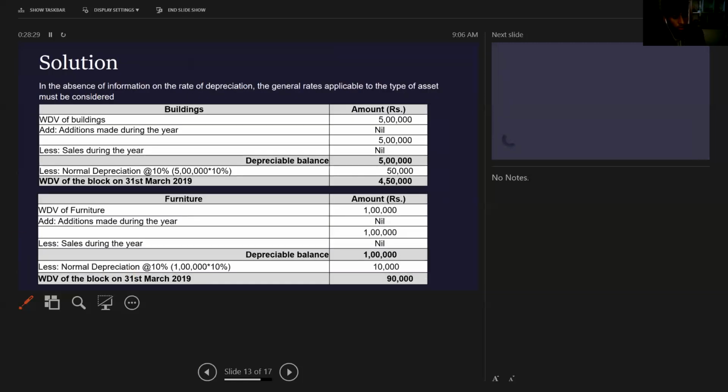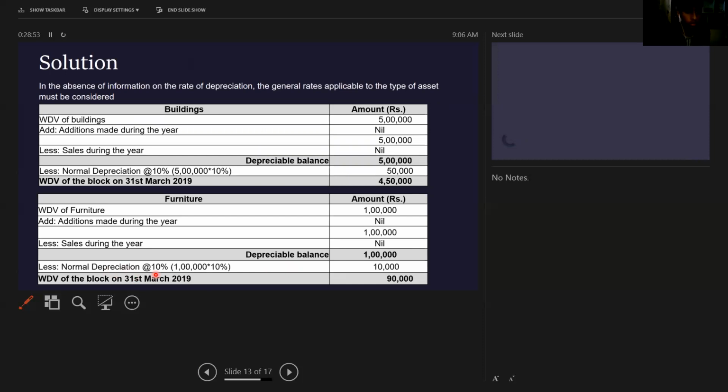Next, furniture. For furniture, the written down value is 1 lakh. Same as for the building, we don't have any additions during the year, so that will be nil. And less sale during the year is also nil. So the balance which we get is the depreciable balance. For furniture, the depreciation is at 10%.